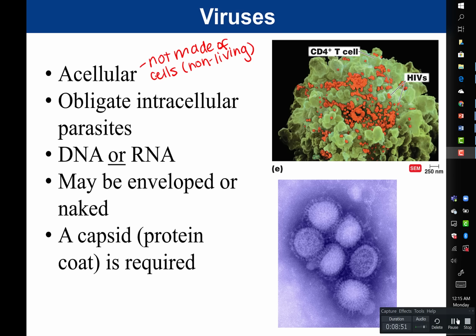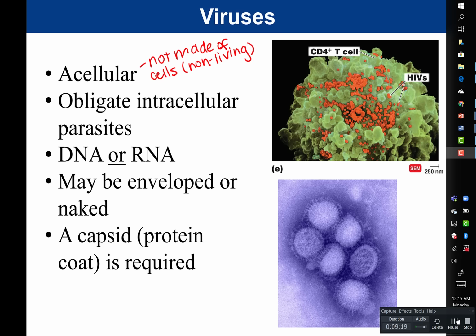Now, the advantage that gives the virus is that it helps it to evade the immune system, because the outside of the virus looks very much similar to the host cells. And so it's more difficult for the host to respond because it's having a more difficult time recognizing that the virus is within the cells. We have a capsid. A capsid is a protein coat.